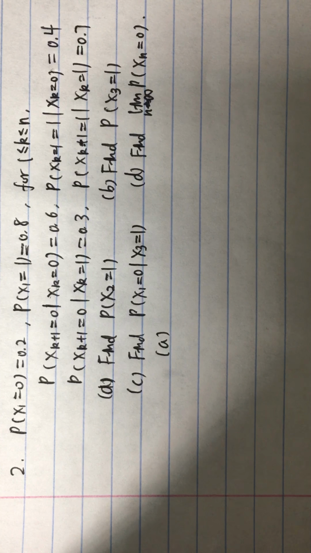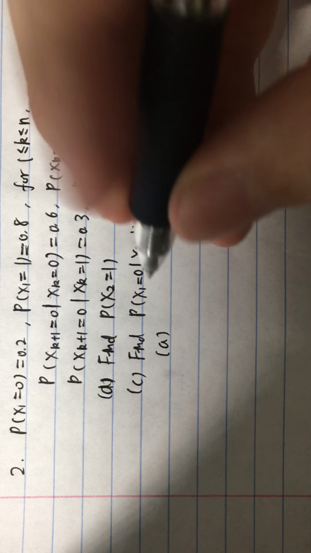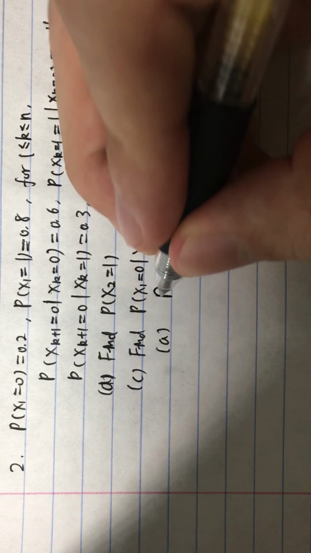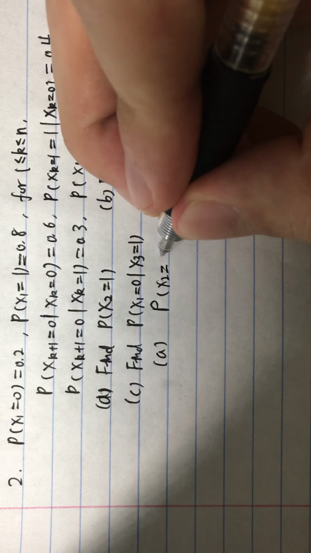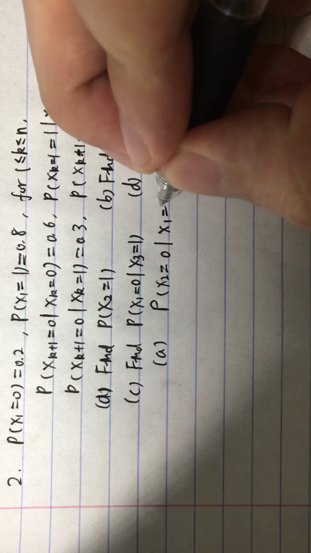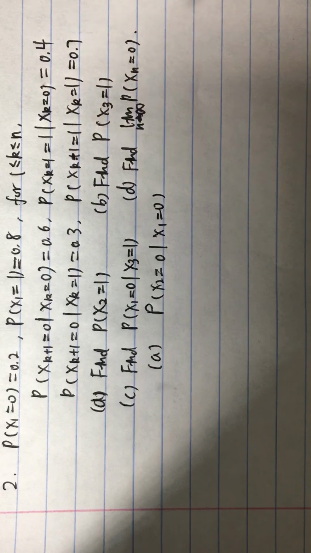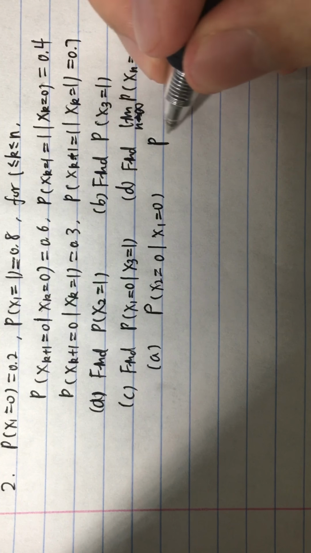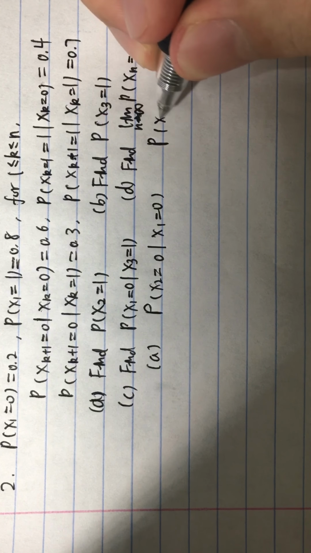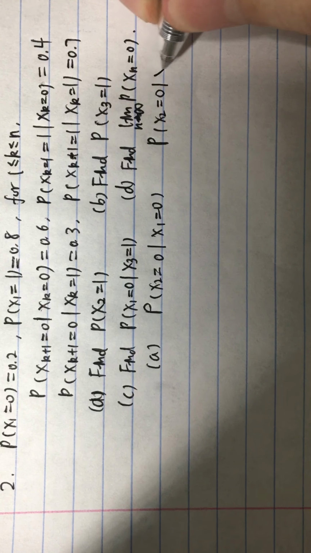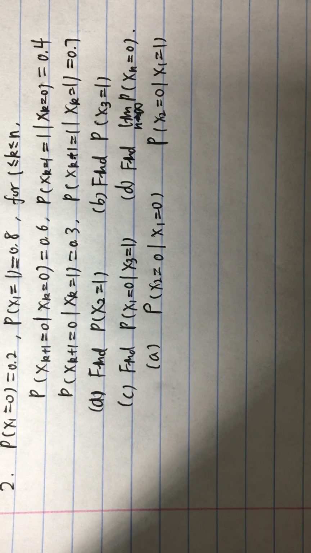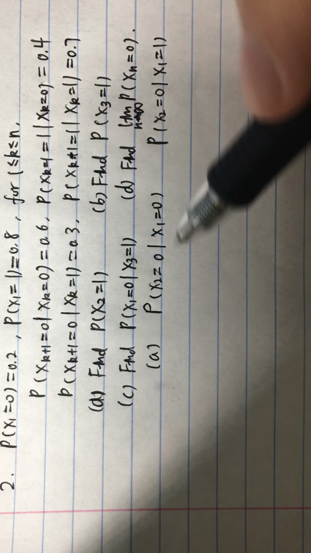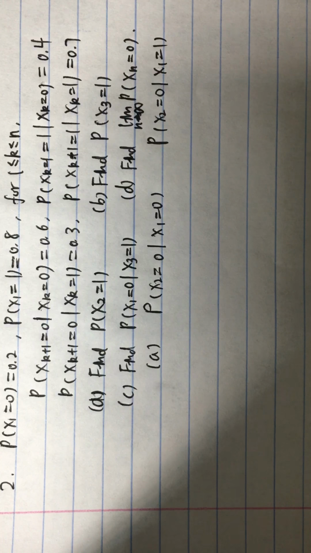To find this probability, we need to know 2 probabilities: first, the probability x2 equals 0 when x1 equals 0, and the probability x2 equals 0 when x1 equals 1, and the probability of x2 equals 1 equals this one plus this one.